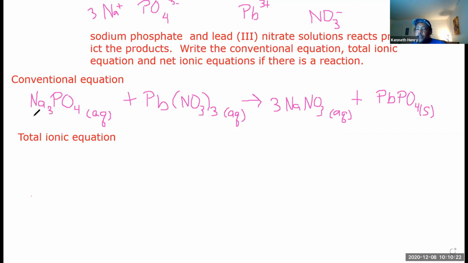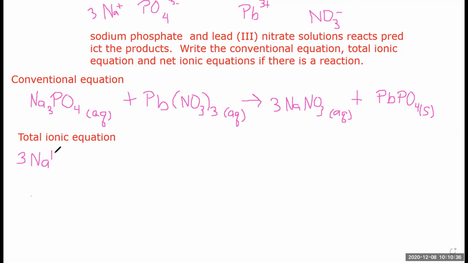Okay, so this first one, what is it going to separate into? The sodium phosphate. 3 sodium with a +1 charge. Okay, you're going to separate into 3 sodium, right?